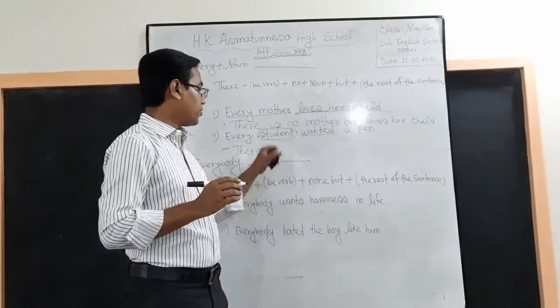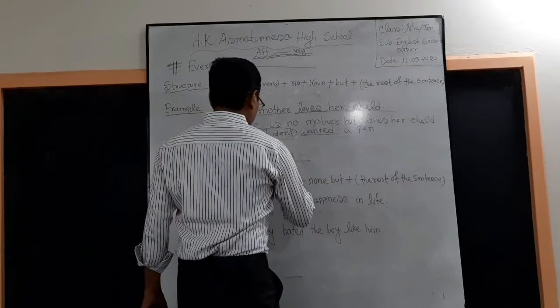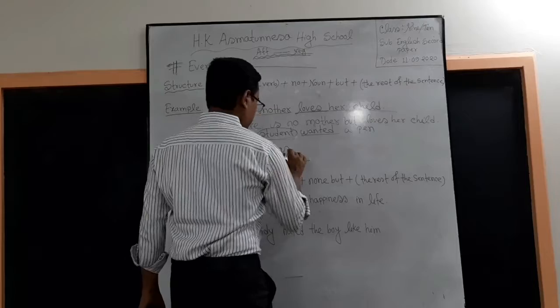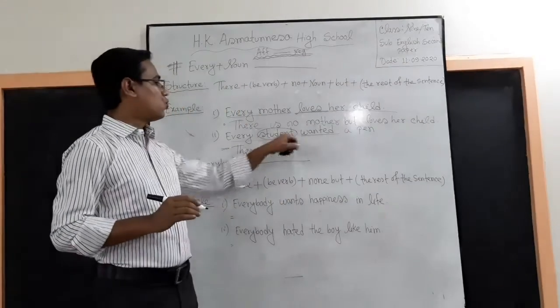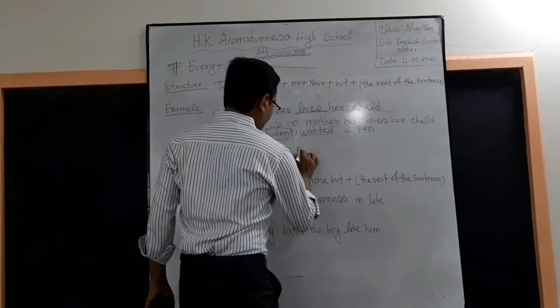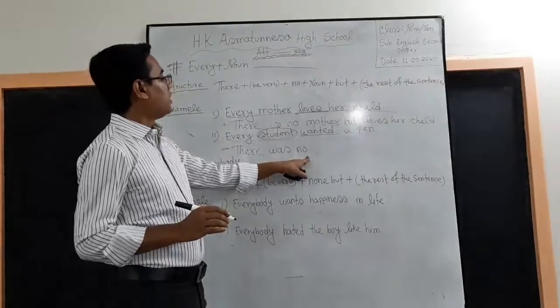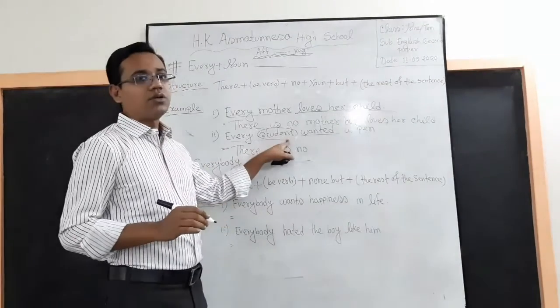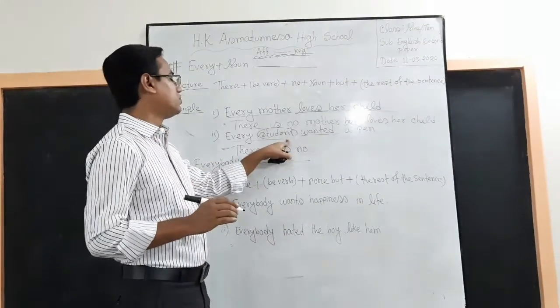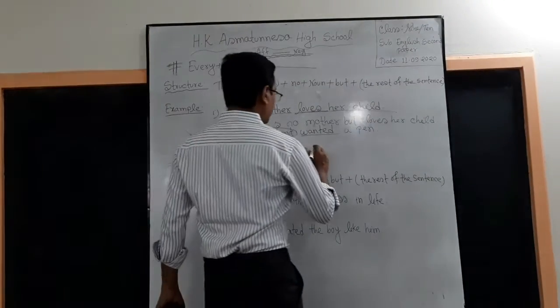So we have to bring was, right? There was. Then we write no. There was no, and then we bring the noun. The noun of the sentence is student. There was no student.